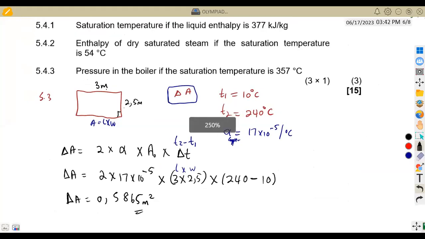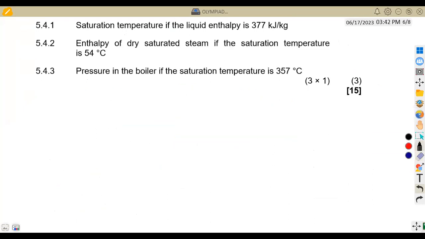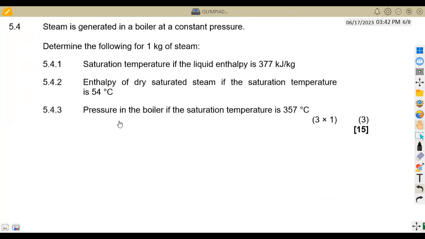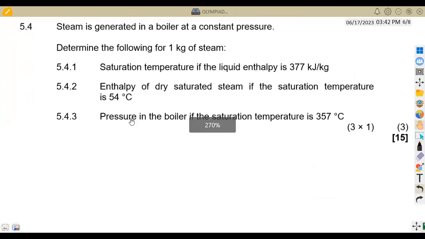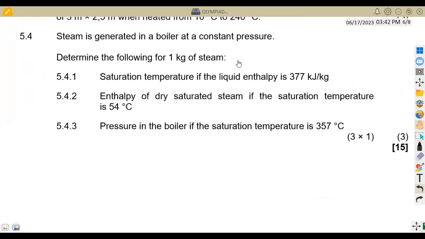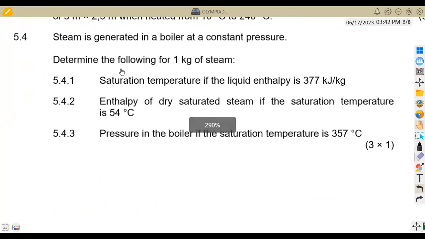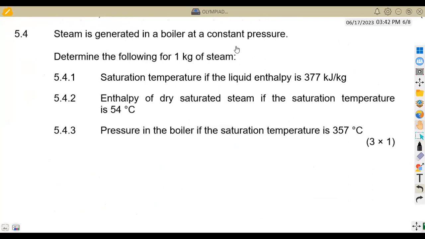So let us check the other part of our question, which is 5.4. In question 5.4, we are given that steam is generated in a boiler at constant pressure. Determine the following for 1 kg of steam. Take note, this is for 1 kg of steam, so everything is taken per kg.